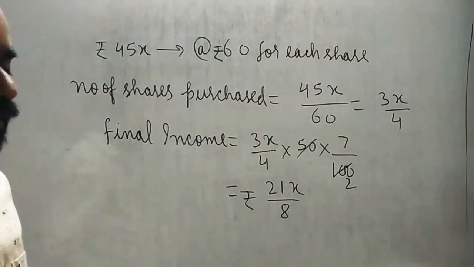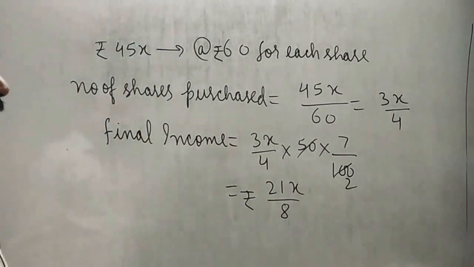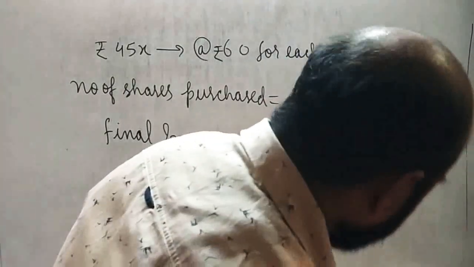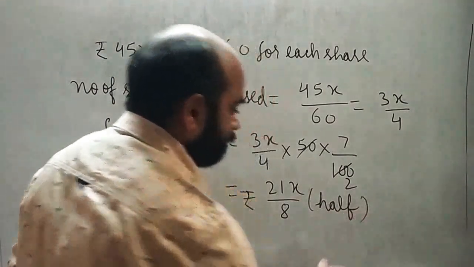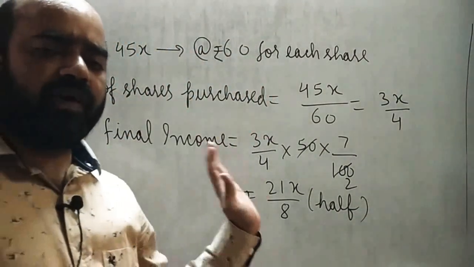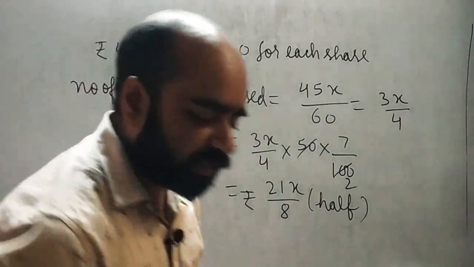So this will give 21x by 8, that is the final income. But remember, this is for half of the shares. The remaining half are as they are, and only for half of the shares this has been done.